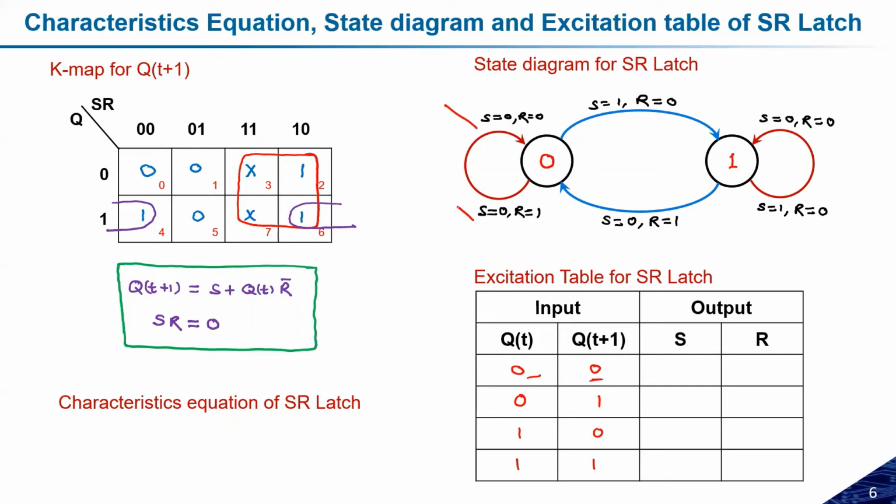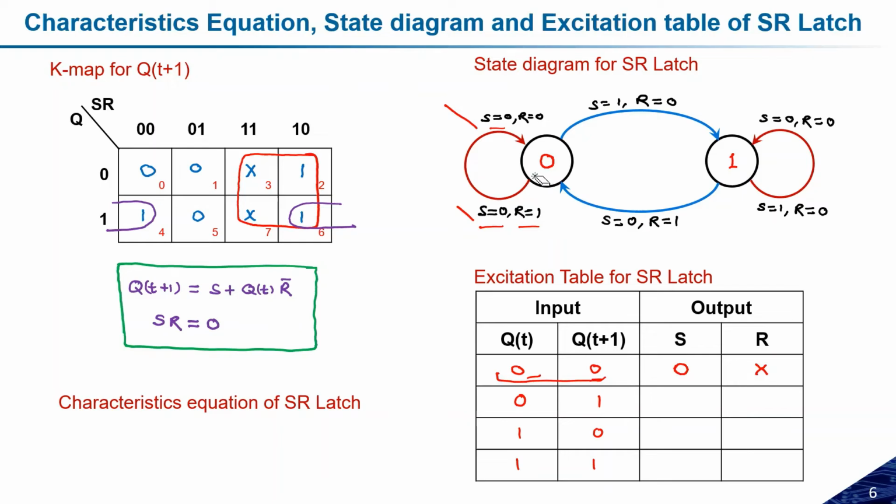Then we are getting these two cases. If you see here, present and past both are 0, and we get S equal to 0 and R equal to 0, or S equal to 0 and R equal to 1. So S should be 0 and R can be anything, either 0 or 1. This condition is going to be satisfied. Let me repeat what I said.